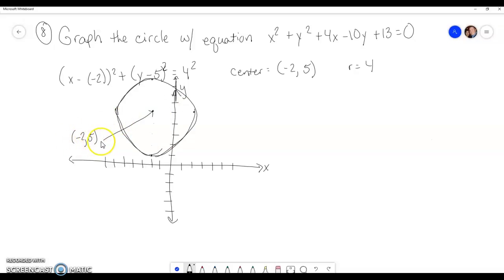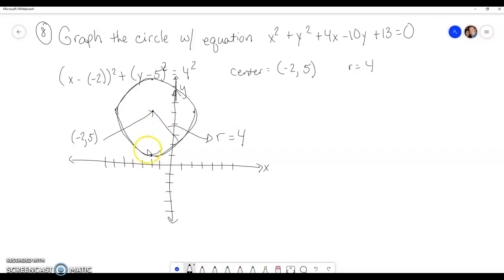So this is the point -2, 5, that's my center, and I'm going to label my radius. Radius equals 4. And I could label this point here or this point here. This point is -2, 1.